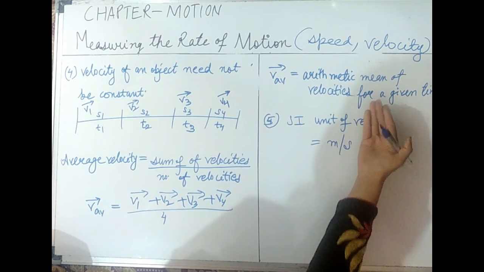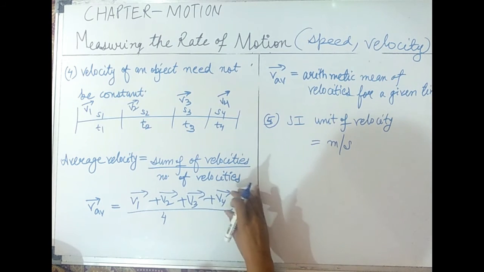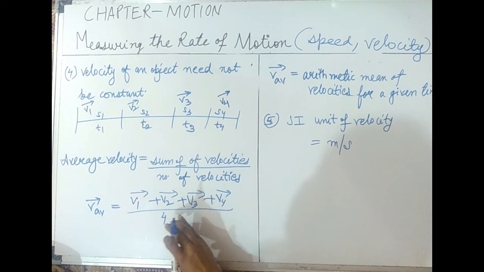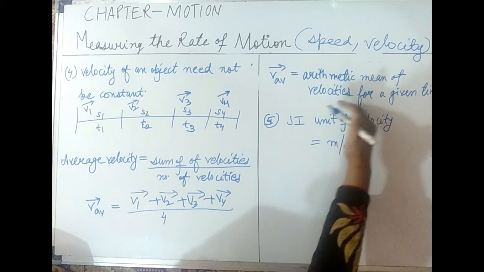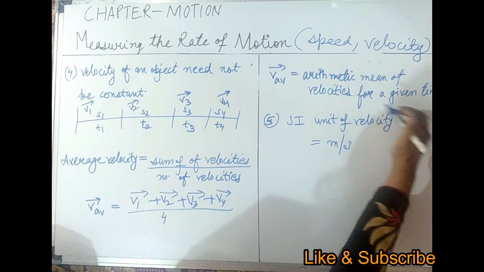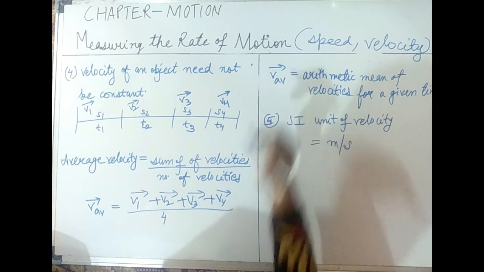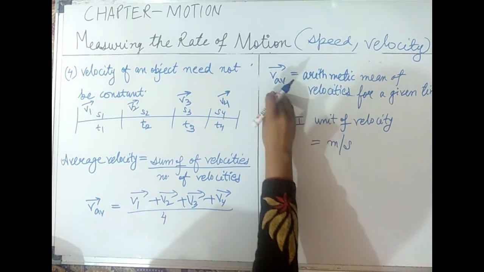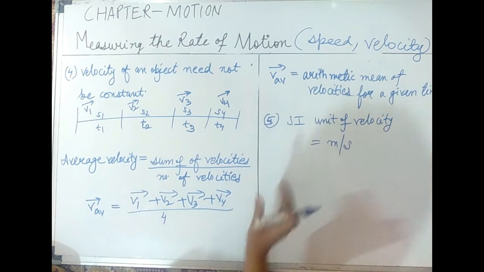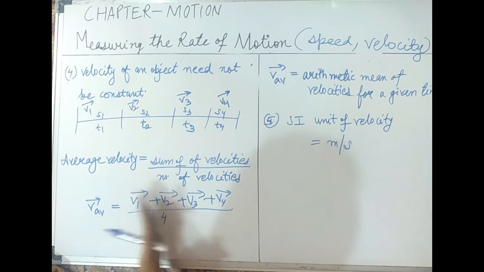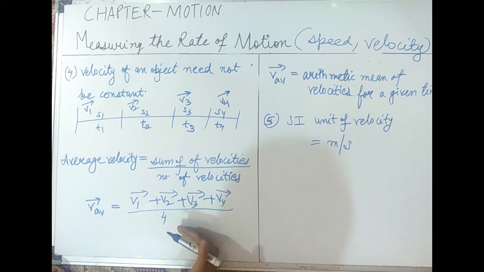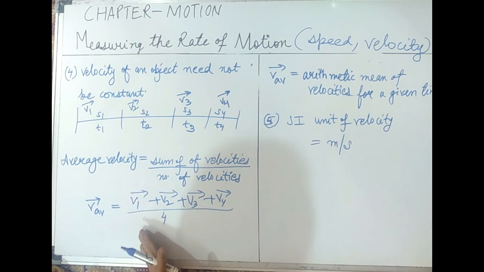How do you calculate arithmetic mean? We just add the quantities and divide by the number of quantities we have added in the numerator. So that is our arithmetic mean of velocities for a given time. Formula for calculating average velocity: while calculating average speed, we took total distance divided by total time, but the formula for average velocity is different.